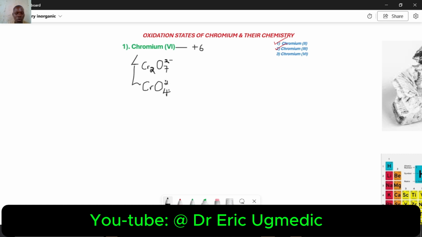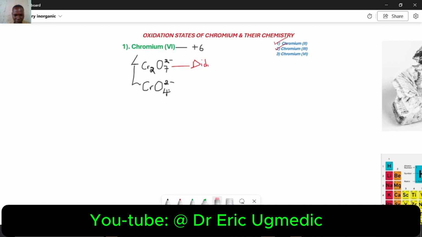So all elements in the plus 6 oxidation state will be in this form. So we have the dichromate, and then we have the chromate ions.